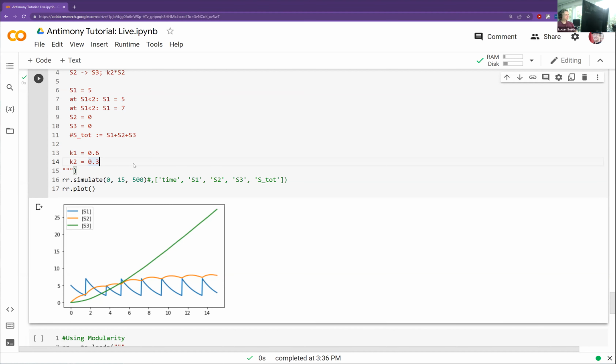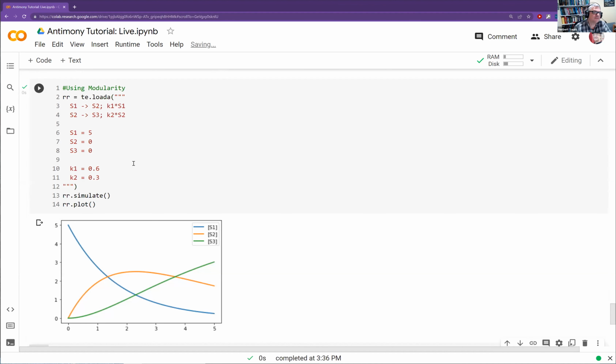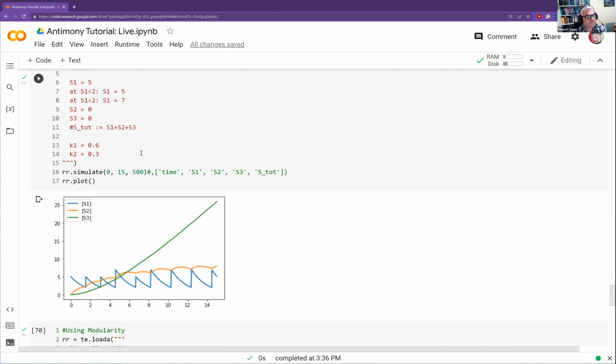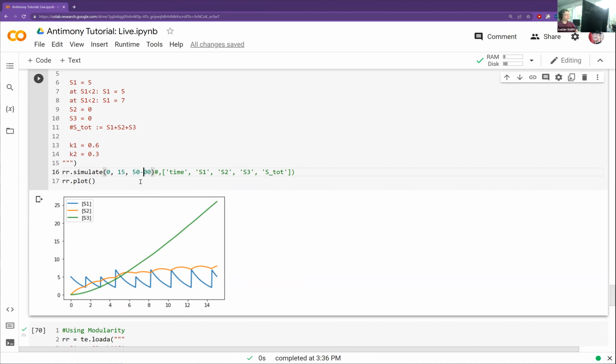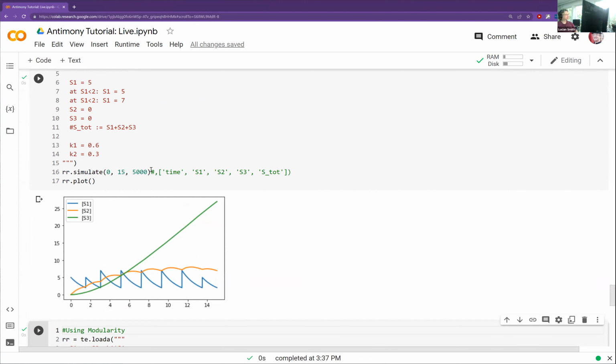Is that going to happen every time? Oh no, look at that. It's completely random. Maybe you don't have enough points. Not sampling enough points is possible, but I don't think so. I think it actually is doing it stochastically. That's odd, but I think that is just a Roadrunner thing.